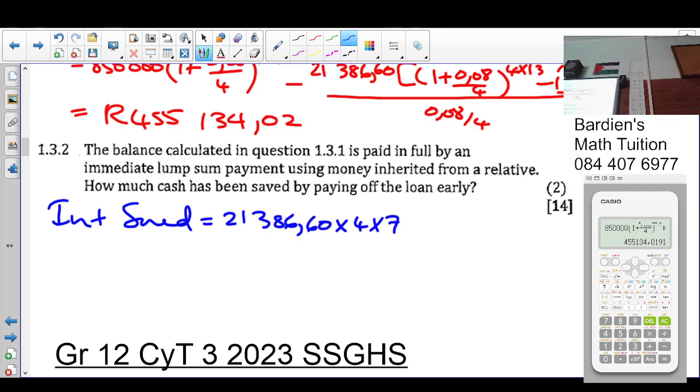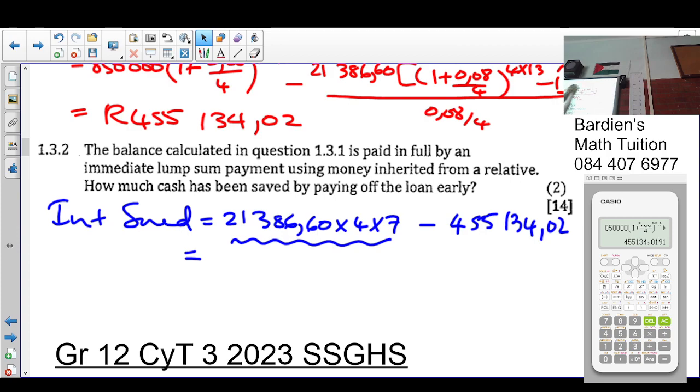Where do I get 7 from? 20 minus 13. And then we're going to subtract. That is what she still needs to pay in total, minus the balance outstanding, which is 455,134 and 2 cents.